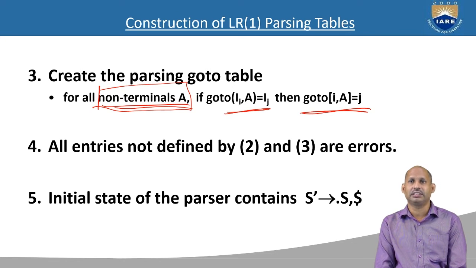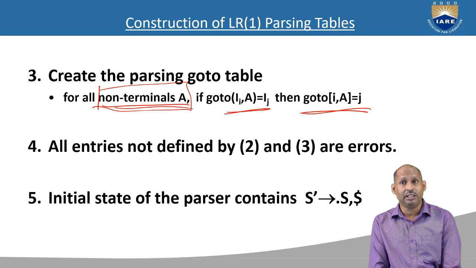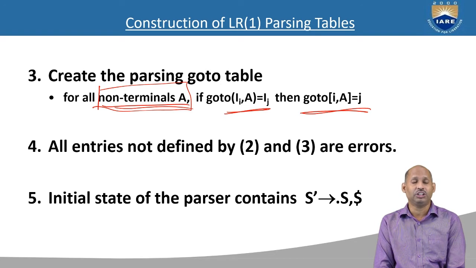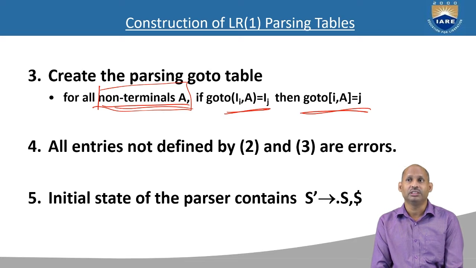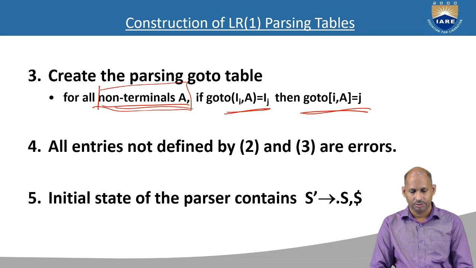If there are any conflicts, it is not an LR(1) parsing method. All other entries not defined in the table are considered errors, so all entries not defined by 2 and 3 are errors. The initial state of the parser contains S dash gives dot S, comma dollar.